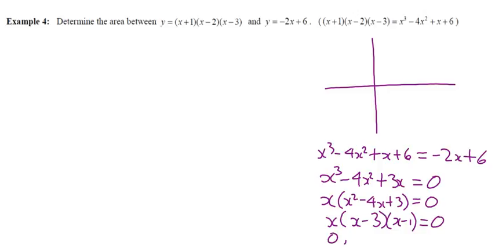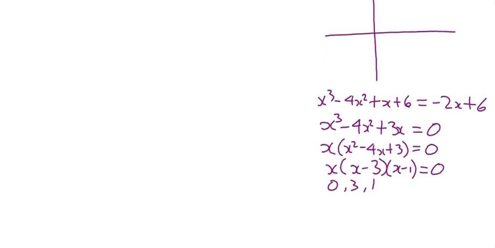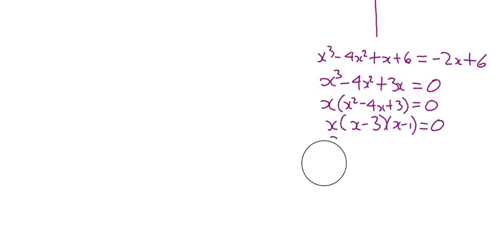So 0, 3, and 1. So these two curves are going to intersect at 0, 3, and 1. Actually, let's write it out this way: x equals 0, x equals 3, x equals 1.